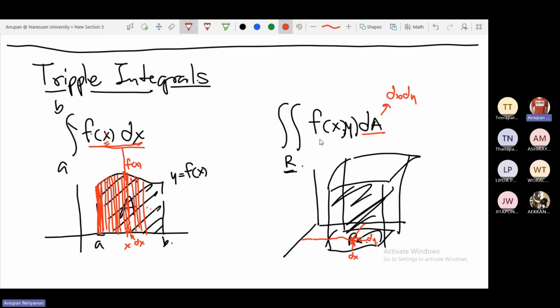And then again, this acts as a height. So at this x and y, this is going to be your height, which is f(x,y). Then in this case, I can form a pole.